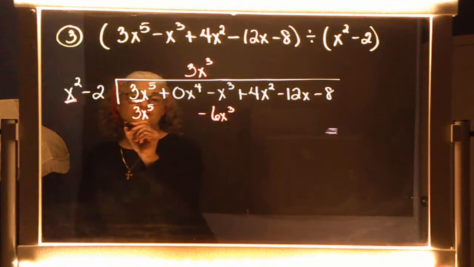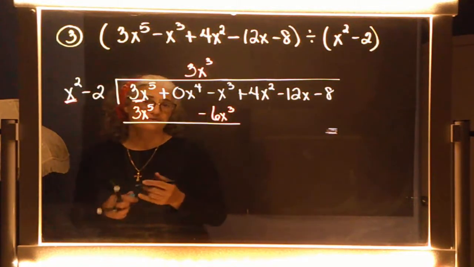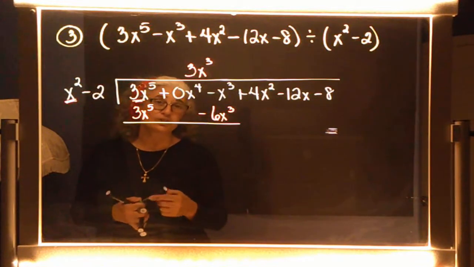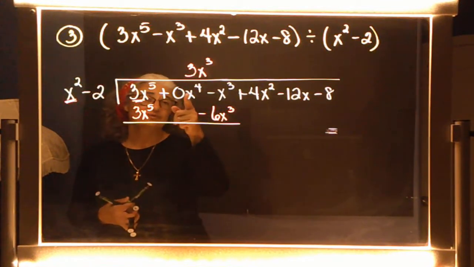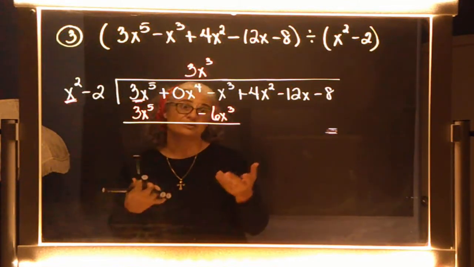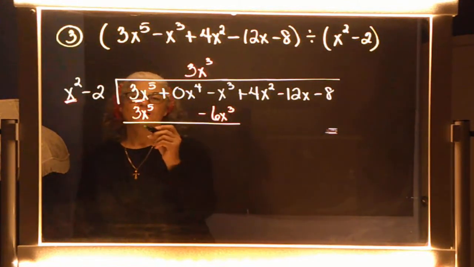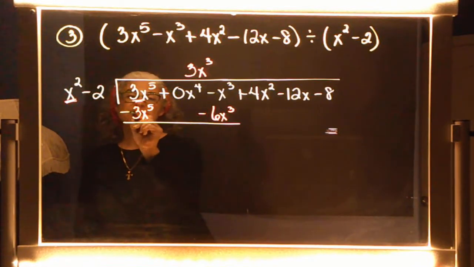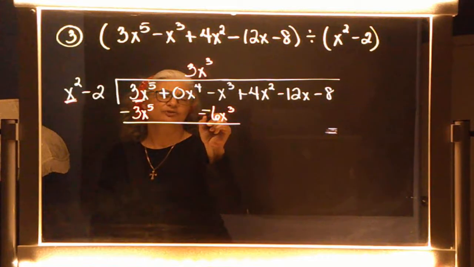So it looks like I skipped right over the x to the 4th, didn't I? Well, sometimes that happens, but it doesn't hurt to write down what was missing, because I may have needed it, and I still may need it. We'll see. So now what after you multiply? Good, subtract. So this gets subtracted and this gets subtracted. And this double negative makes it a positive.